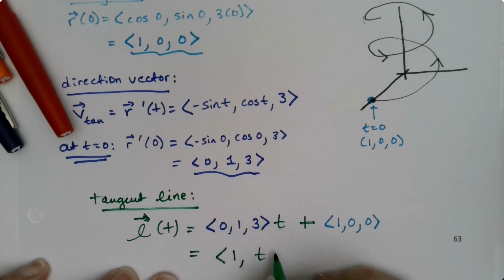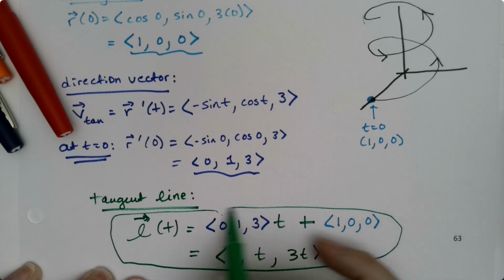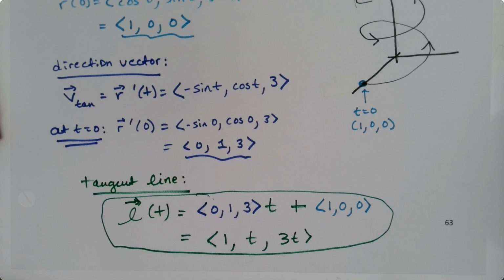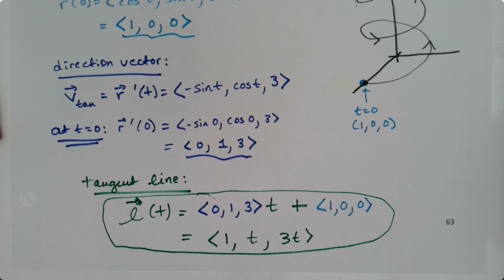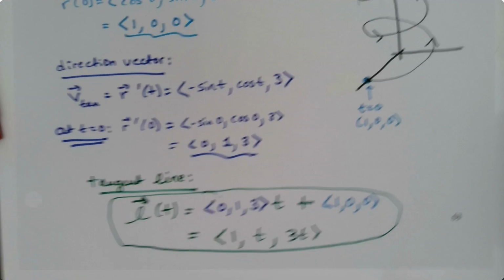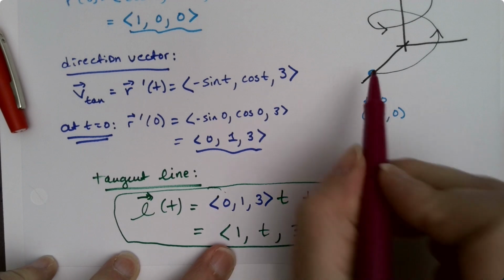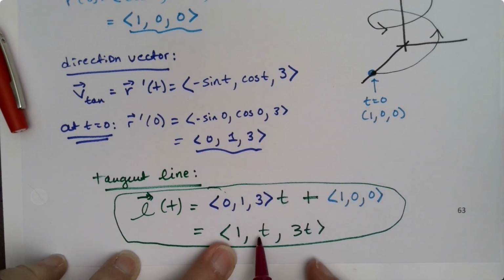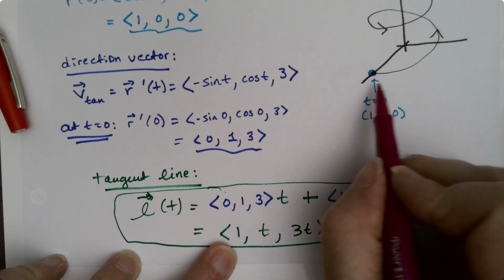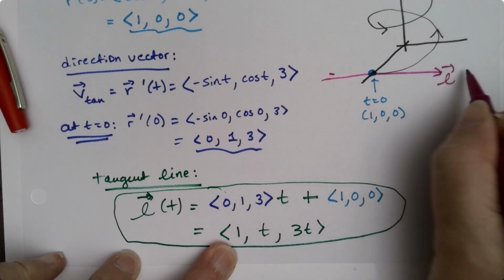Then it'll be t plus 0, so that's t, and then 3t. They're both perfectly valid ways of writing the equation of the line in vector form, but the second one's the one we use most often. So if you think about the line, your x coordinate is 1, so that's not going to change, and your y is t and your z is 3t. So you're going to have some kind of tangent line coming around like that.